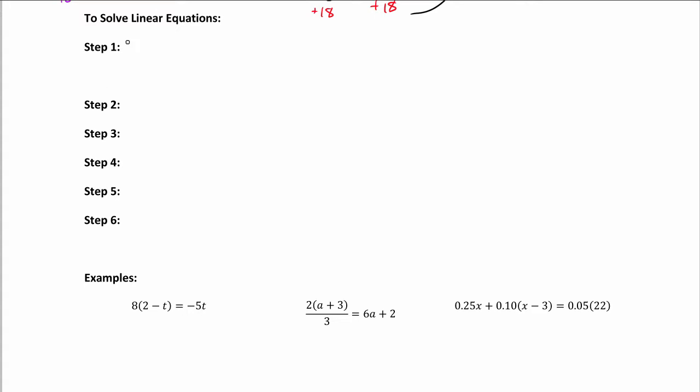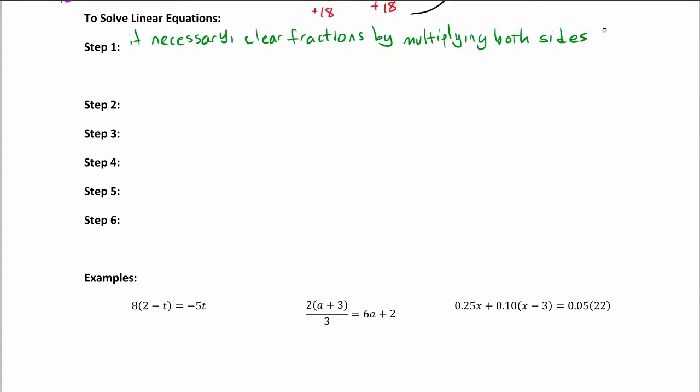So, if necessary, clear fractions by multiplying both sides by the least common multiple of all denominators.